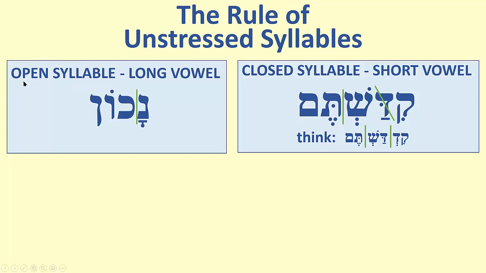All unstressed syllables in Hebrew will either be an open syllable containing a long vowel, or it will be a closed syllable containing a short vowel. On the screen, I've given you an example of both of these.